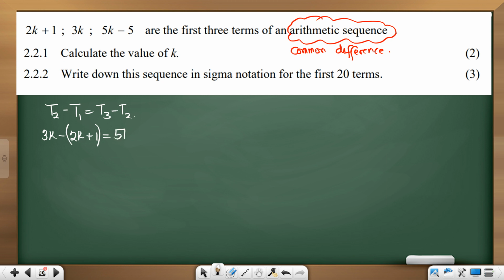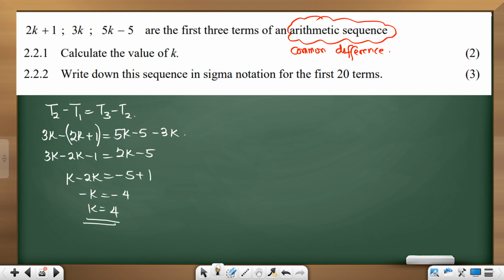T3, 5K minus what? 3K. That's just one term. There's no need for a bracket there. So what do we have? 3K minus 2K minus 1 equals to 5K minus 3K. What will this give me? K minus 2K. I've already brought my 1 over. Take that 1 over. What do you have? Minus K equals to minus 4.